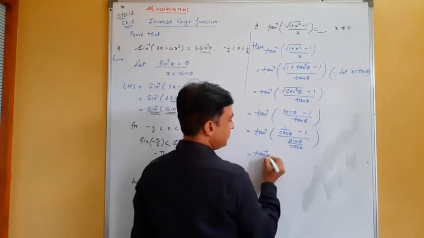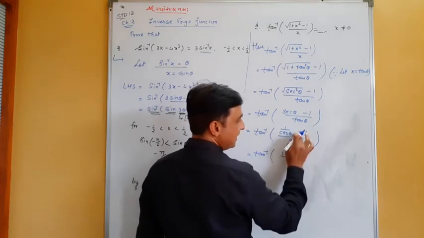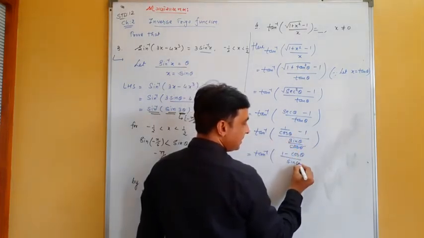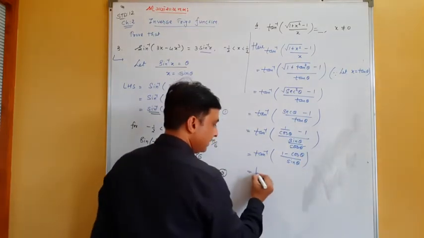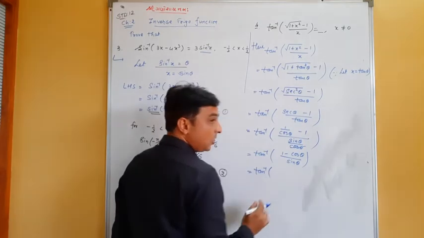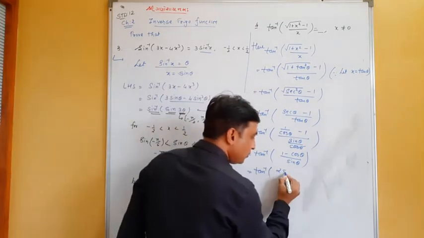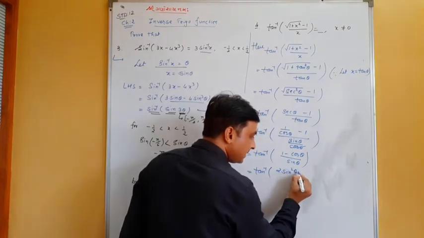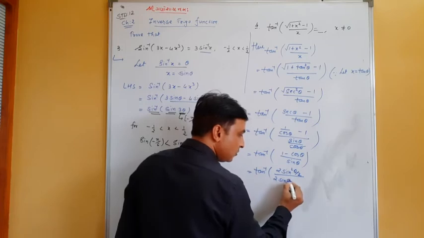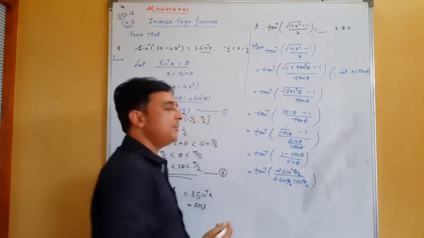Taking LCM, the numerator is 1 - cos θ, and in the denominator cos will be cancelled, leaving sin θ. Now 1 - cos θ equals 2 sin²(θ/2), and sin θ is 2 sin(θ/2) cos(θ/2). These are half angle formulas.